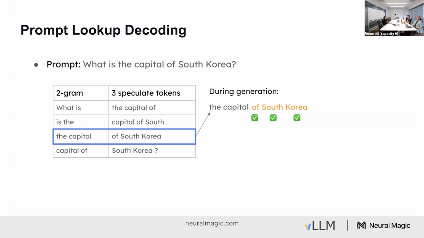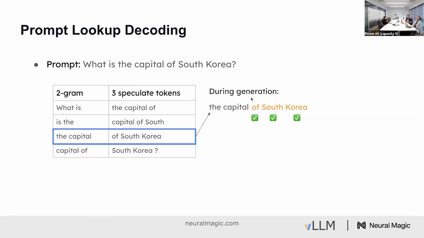So the way you generate it is, when you see the prompt, you build a lookup table. Here the lookup table is all possible 2-grams, like "what is," "is the," "the capital," "capital of," and also the speculative tokens. For example, the 3 tokens after "the capital" are "of South Korea." So you will have this lookup table once you receive the prompt.